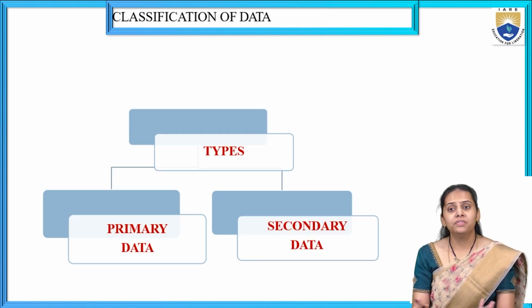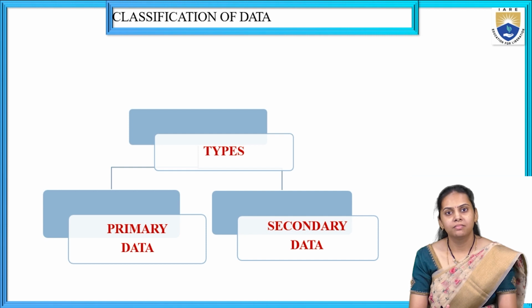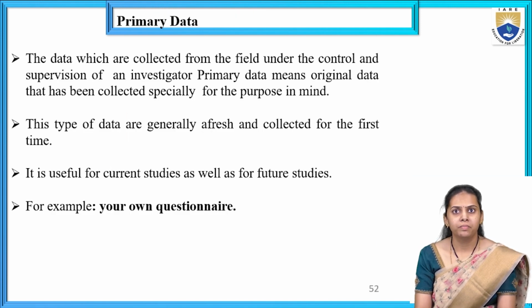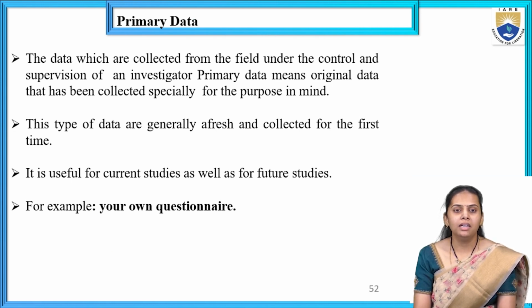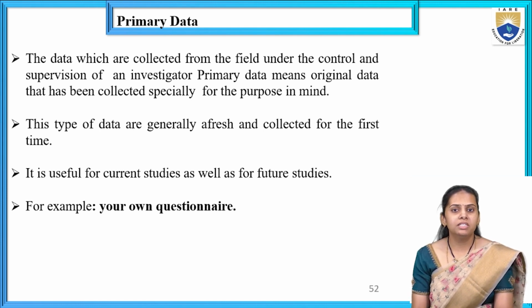And then the classification of data. The data types are basically two: one is primary data, the other is secondary data. What is primary data? It is data collected from the field under the control and supervision of an invigilator.